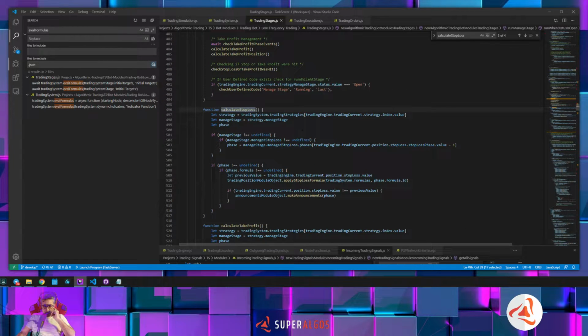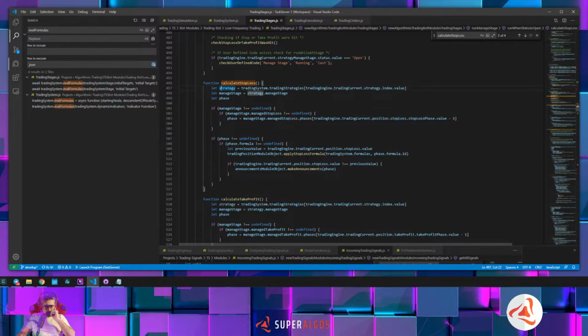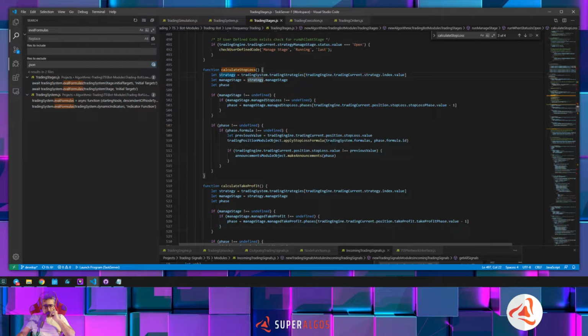So when it calculates the stop loss, it gets the strategy, the current strategy. It gets the current phase. And if the formula is undefined, it makes this trading position module apply stop loss formula.